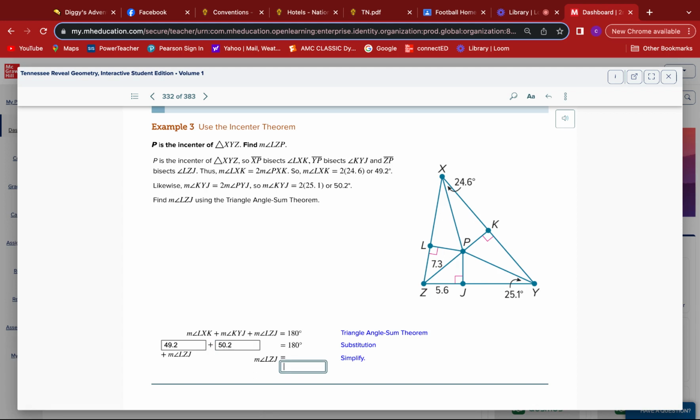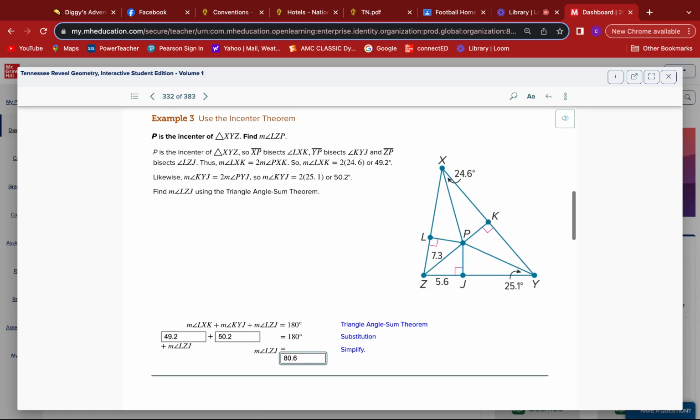And it looks like it's going to be 80.6. Now, listen, you guys, if for whatever reason your teacher asked you for LZP, that's this little bitty angle, or JZP, that bottom little bitty angle, you take that 80.6 and divide by 2. That'll be what each one of these is. Because remember, an angle bisector cuts it into 2 equal parts.